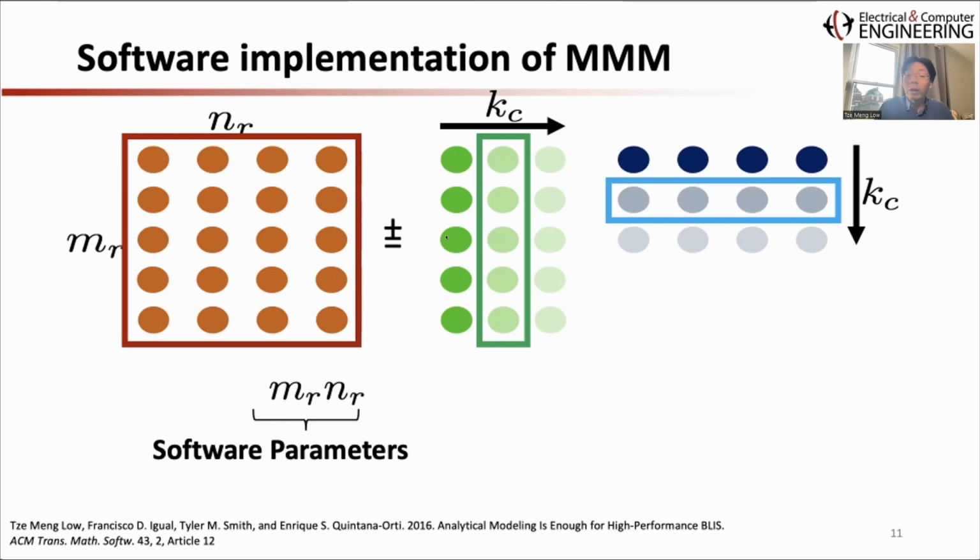Now, why do I say that this is the algorithm you have to choose? Number one, if you look at every single iteration, each outer product, all outputs can be computed independently, in the sense that you don't need to wait for one output element to be completed before you compute the next element. So you have a lot of independent outputs that can be computed.